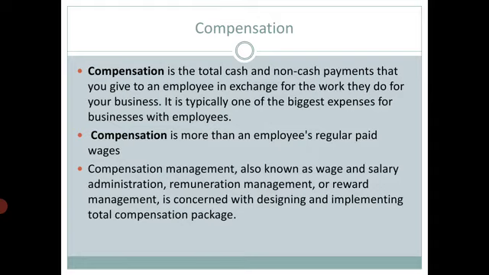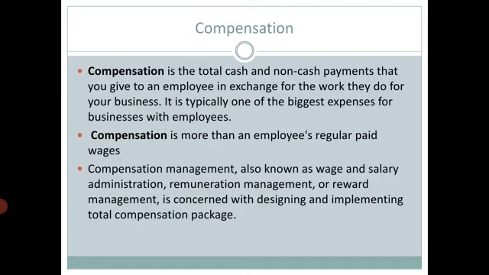It is typically one of the biggest expenses for businesses with employees. When we consider compensation, what is compensation? Compensation includes all cash as well as non-cash payments which you make to your employee.